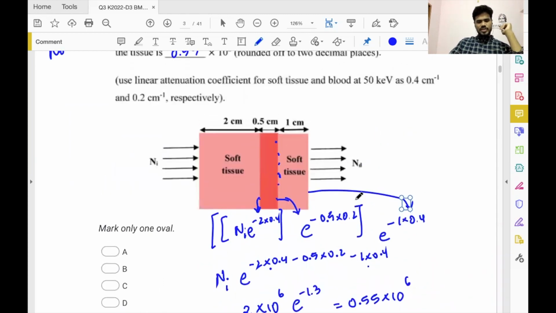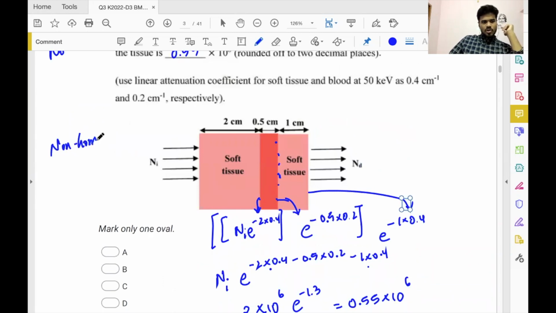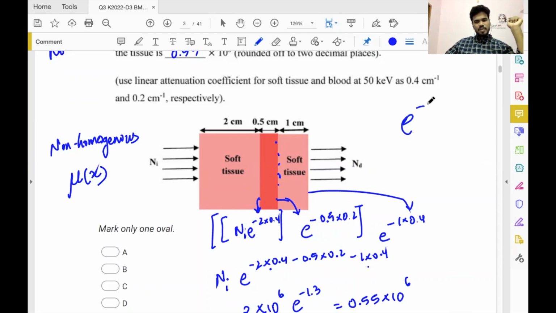What is going on here is, remember, this is an example of a non-homogeneous medium. The concept we did is essentially the same attenuation, just that it happens 3 times, one after the other. The actual expression for a non-homogeneous medium, by which I mean mu is a function of x: attenuation over a short distance, very small distance dx, is e power minus mu of x dx.